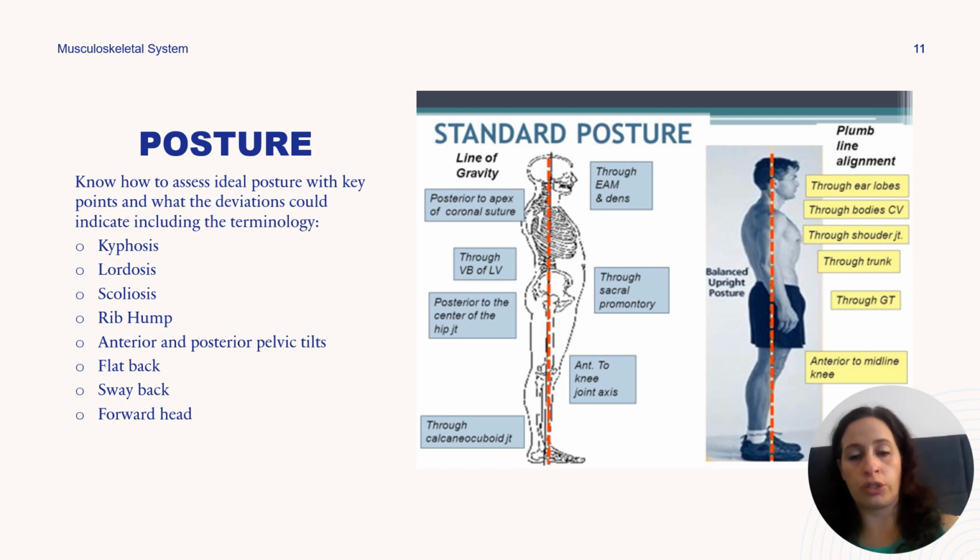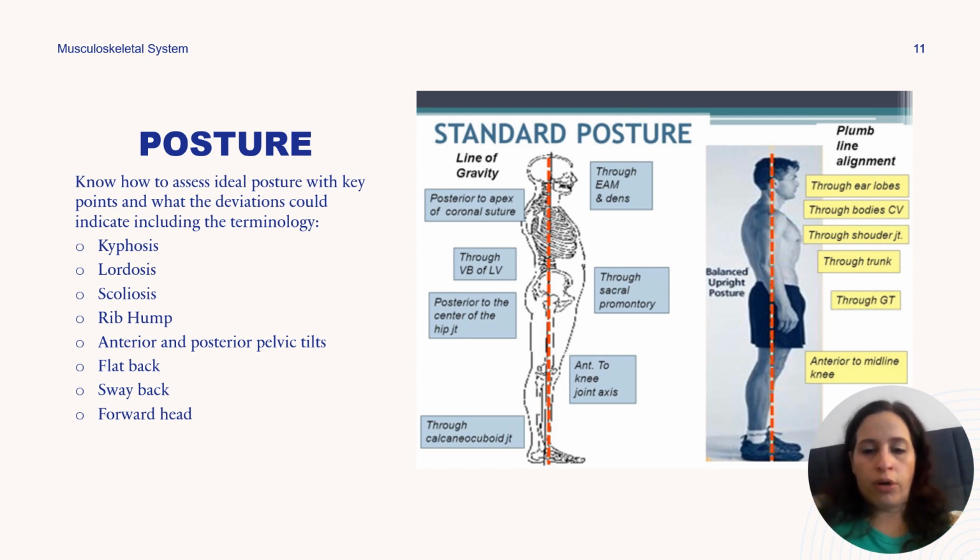Also, make sure that you understand the terminology for postural deviations, the ones that we have discussed, like kyphosis, lordosis, scoliosis. You may hear about rib humps when it comes to scoliosis, so just be familiar with where the rib hump falls if it's left-sided or right-sided scoliosis.